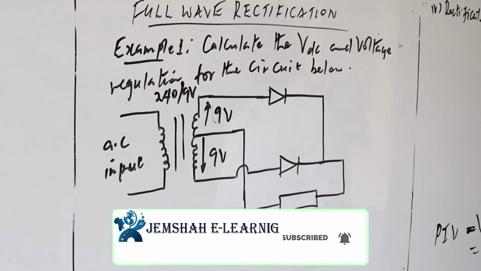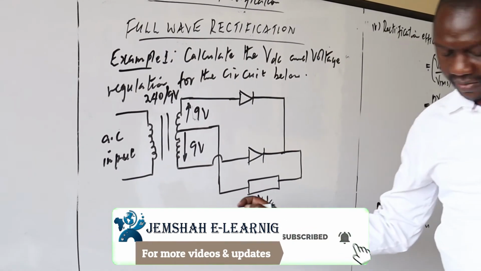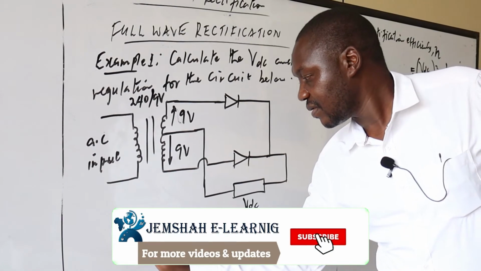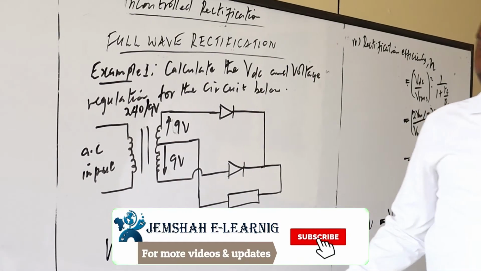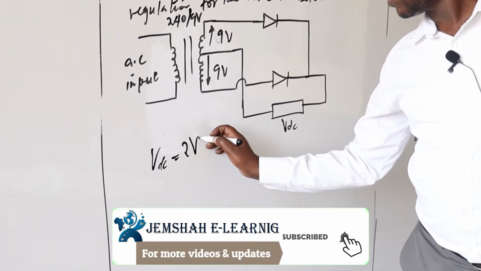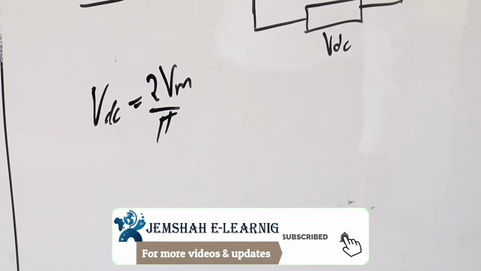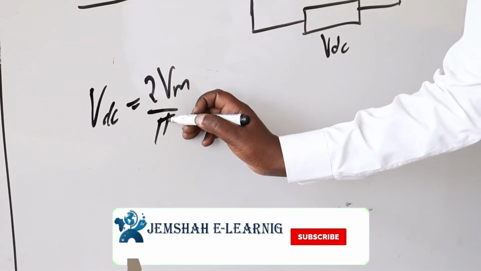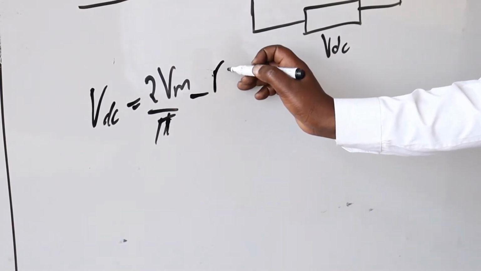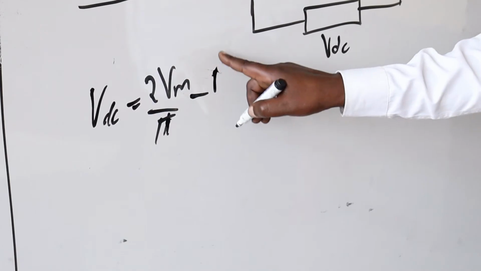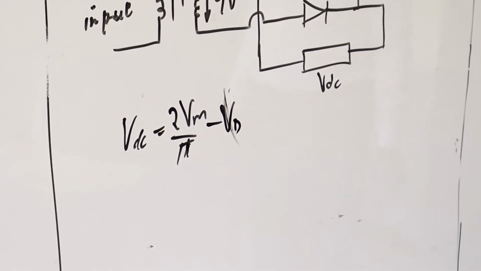To get the VDC, our VDC here is the voltage across the load. For biphase, you know that VDC is given by 2Vm over pi. Now, if you are given the forward resistance of the diode, you subtract it. That is VD, the diode voltage.